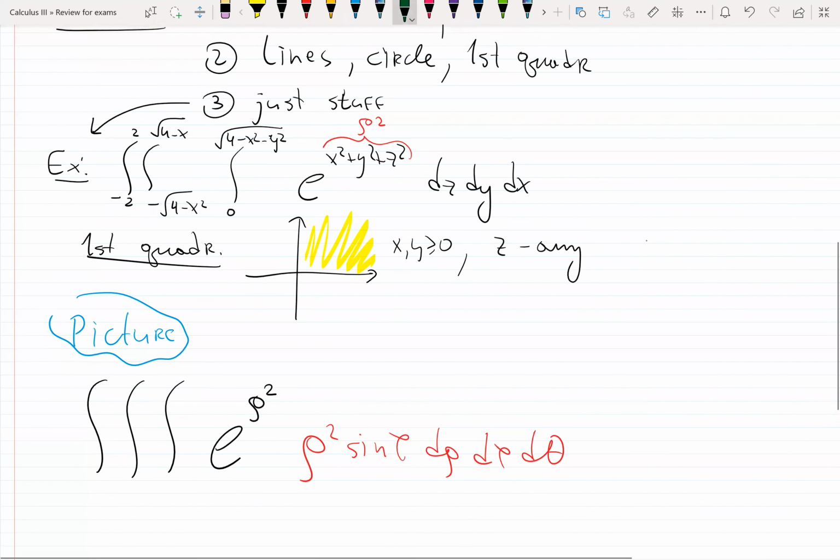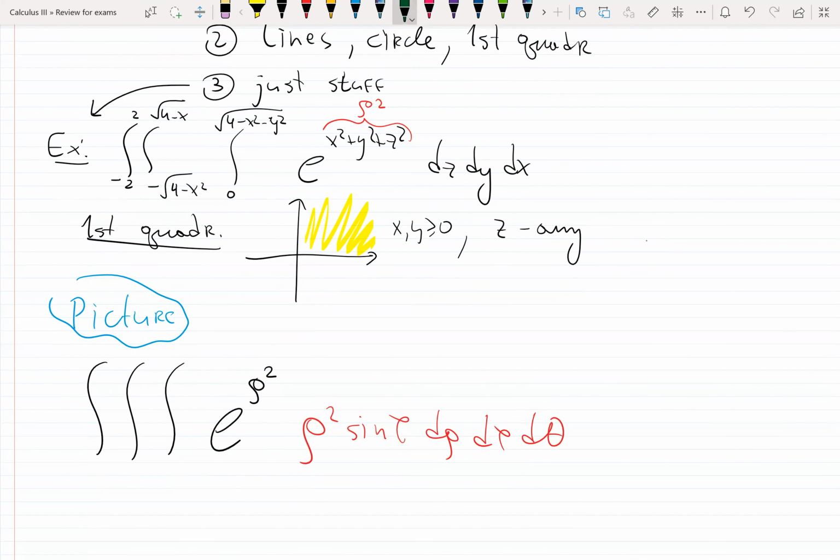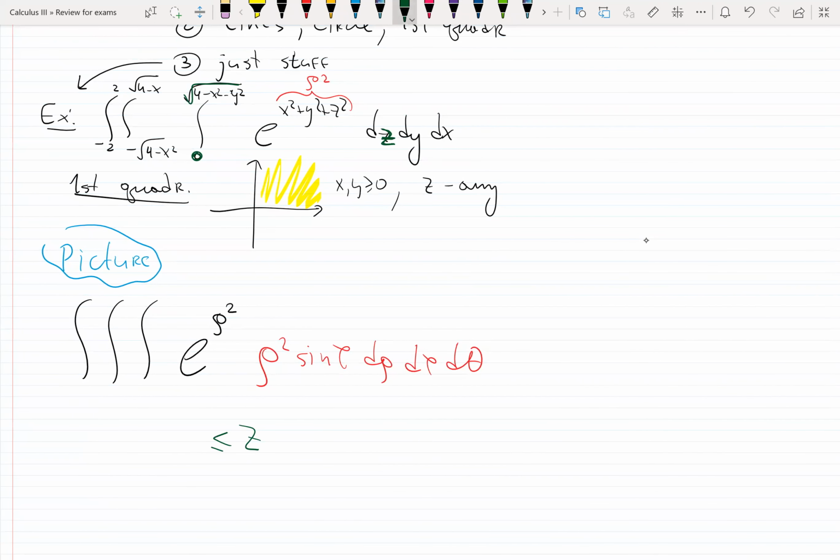Now radius is from what to what? Let's figure out that. Z shows up first. Z is from 0 to the square root of 4 minus x squared minus y squared. If you square these, that creates a circle. Well, a sphere actually.